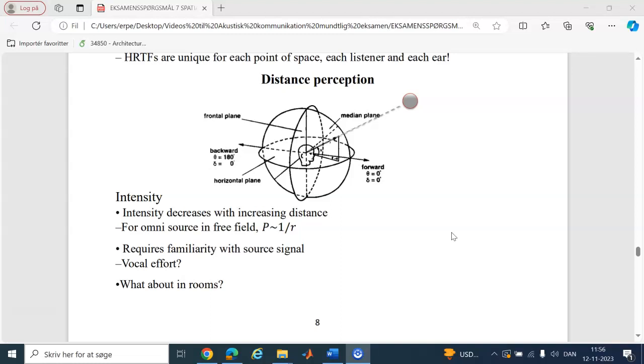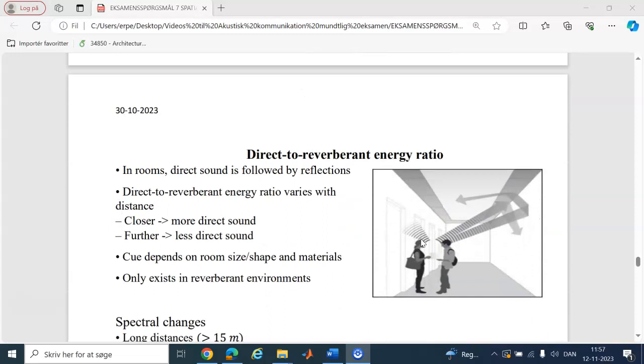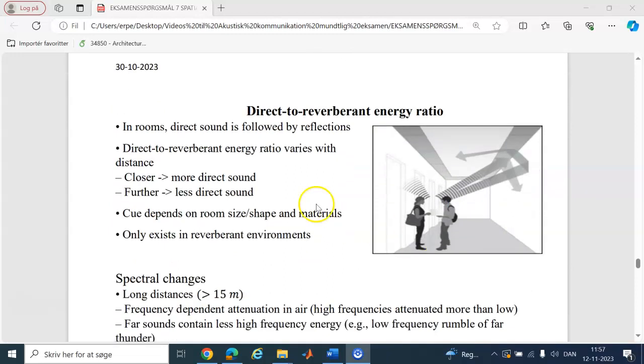Requires familiarity with sound source signals. Good thought question: what about in rooms? Direct to reverberant energy ratio. In rooms, direct sound is followed by reflections.